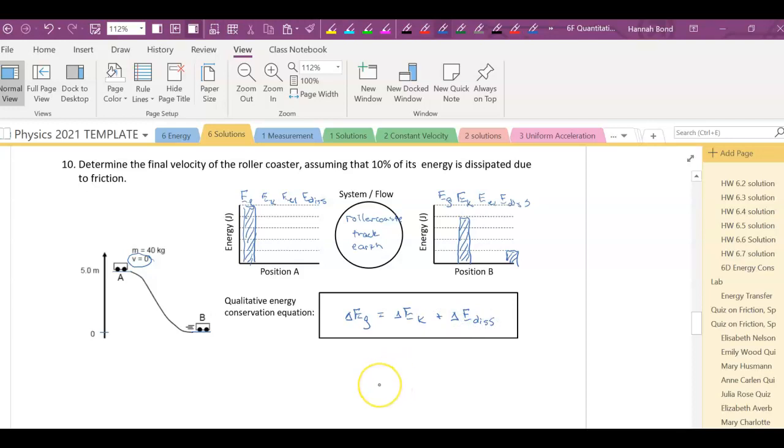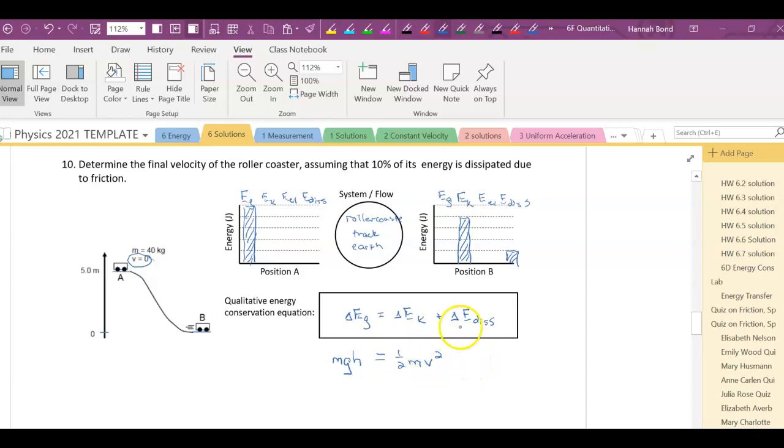Okay, now I replace each term with the way that I would calculate that energy using the snapshot formula. Gravitational potential energy would be the mass of the roller coaster car times g times its height. Its kinetic energy would be 1/2 of its mass times the velocity at the bottom squared.